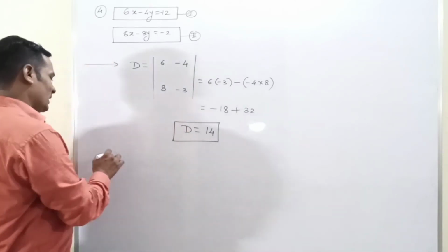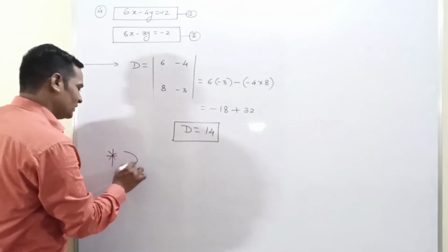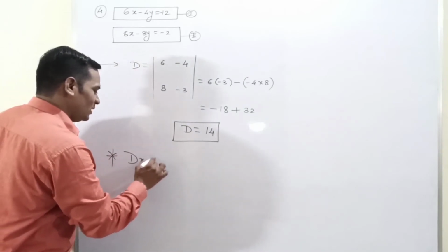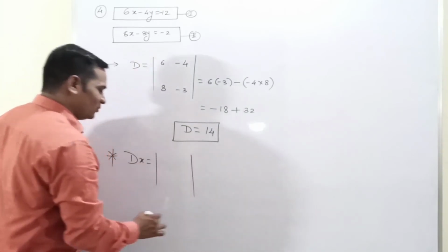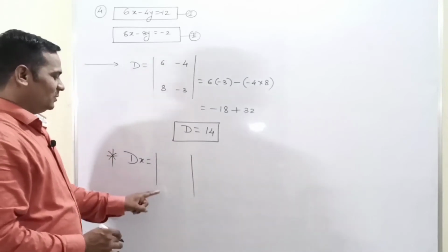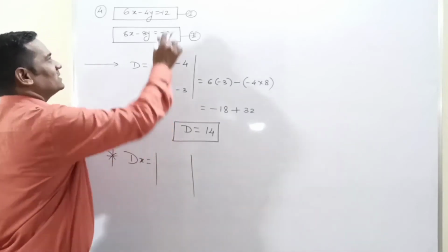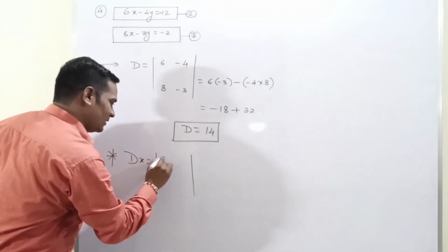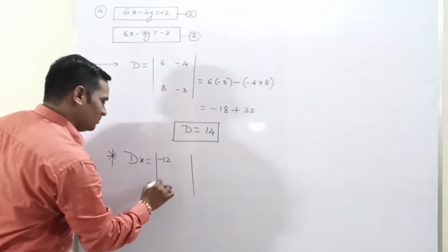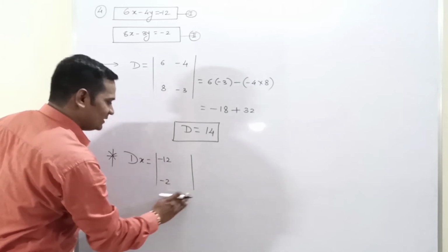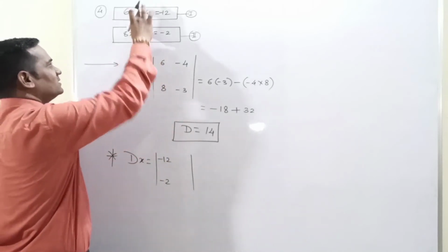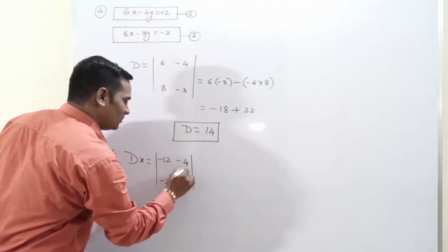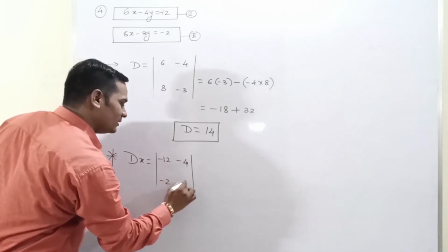Let's find the value of dx now. In this dx we use the determinant where the first column is the constants, so minus 12 and below that minus 2. Then the coefficients of the second term, minus 4 and minus 3.